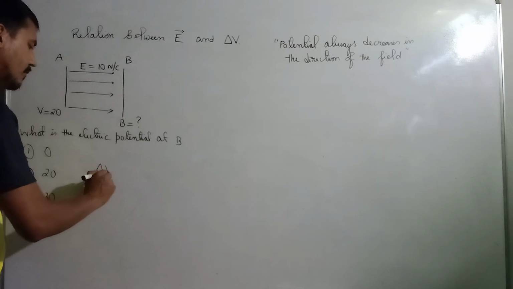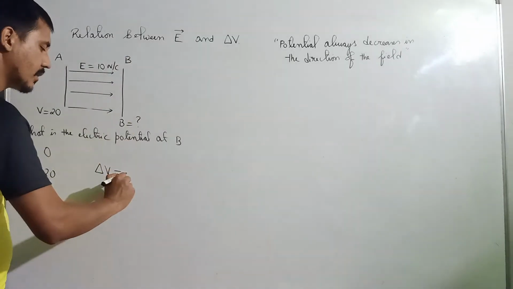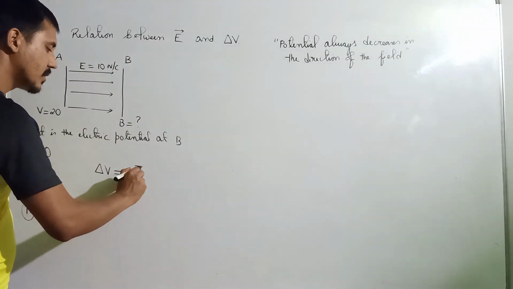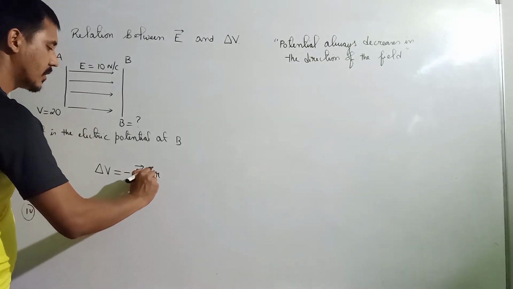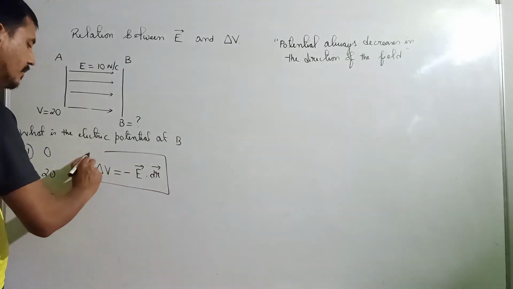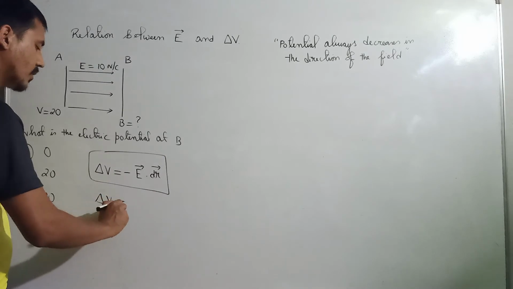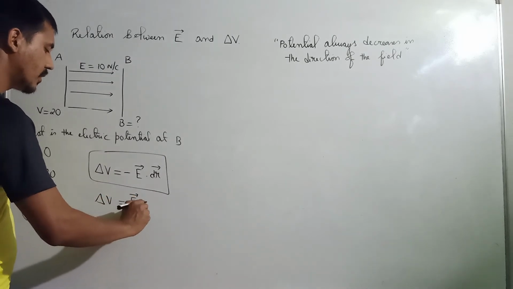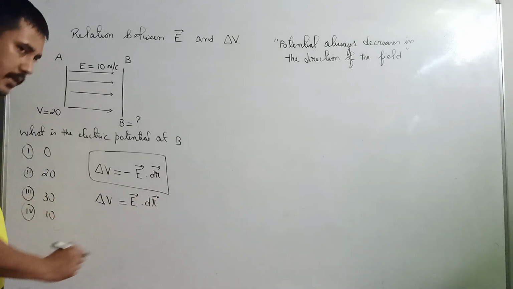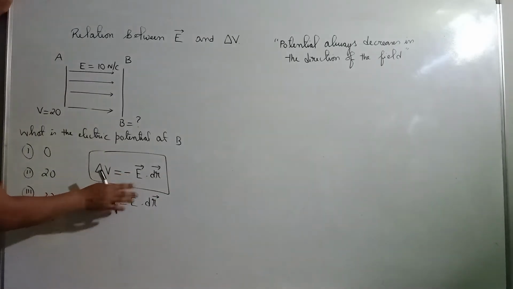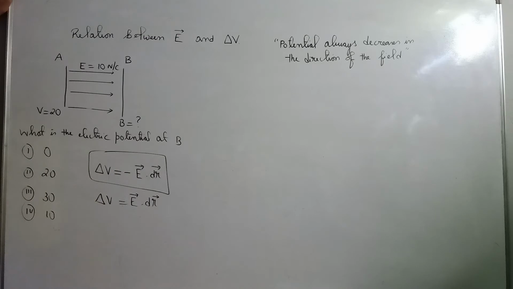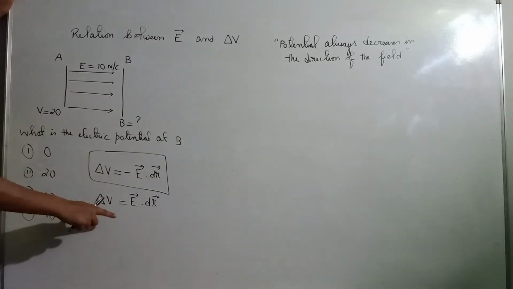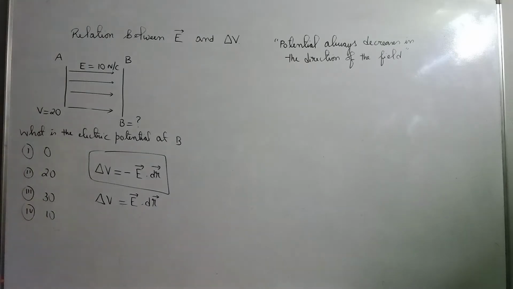Electric potential difference is given by minus E dot dr. You can use this relation. In magnitude, your del V will be only equal to E dot dr. Okay, in magnitude, right? If you consider only the magnitude, then you just remove the sign. Sign represents direction. So using this relation, can you just work out what will be the potential at B? Options are provided. All the information is given.